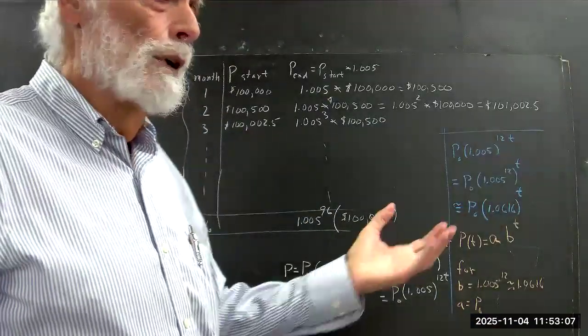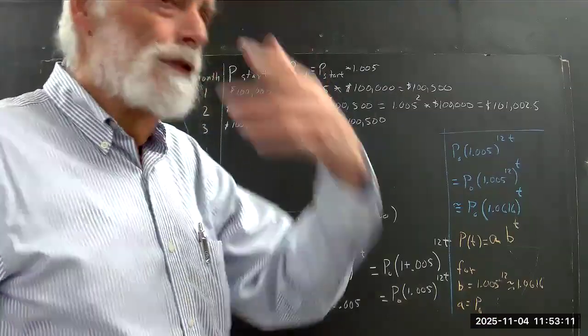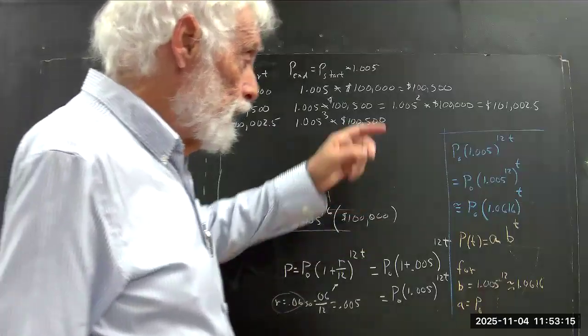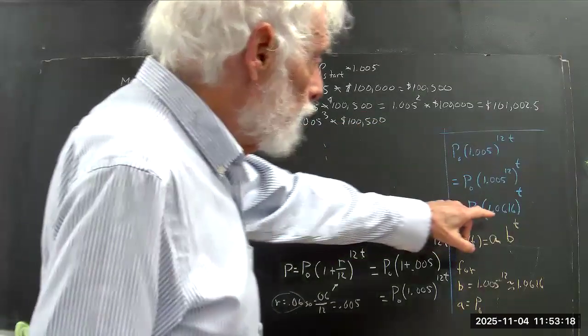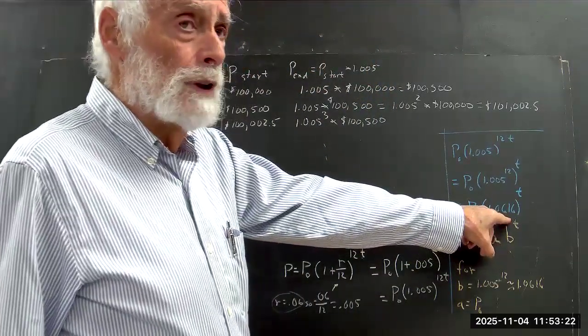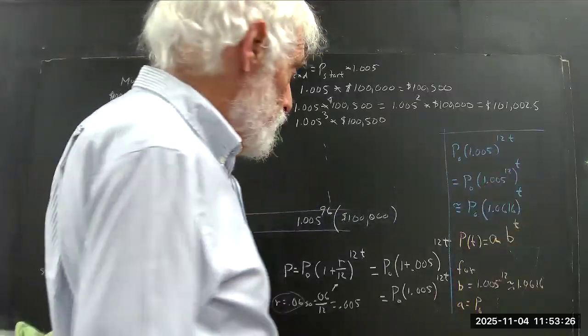Usually they assume 360 days in a year and call that daily. They don't use 365.254, whatever it is, days in a year. You get a higher interest rate. The more times you compound it, the higher the interest.